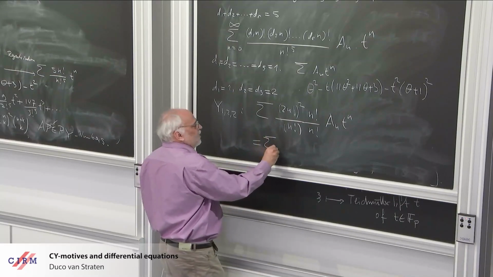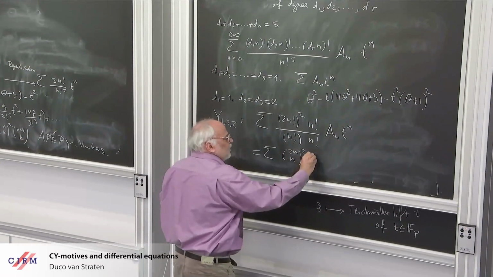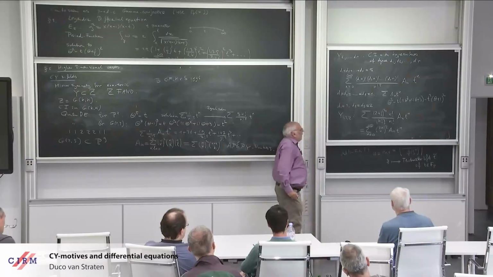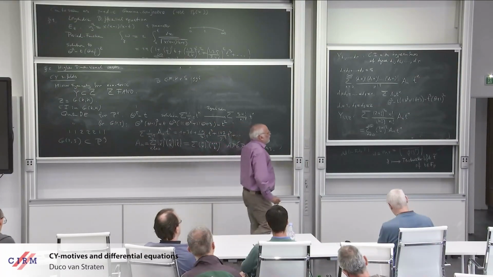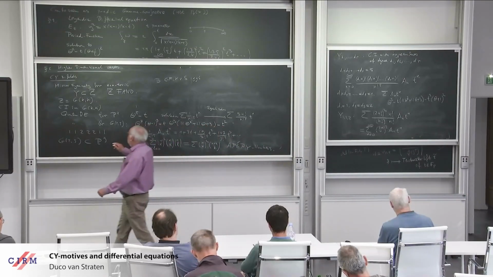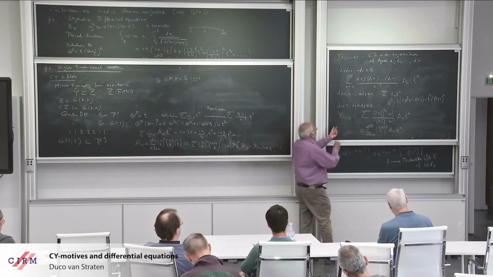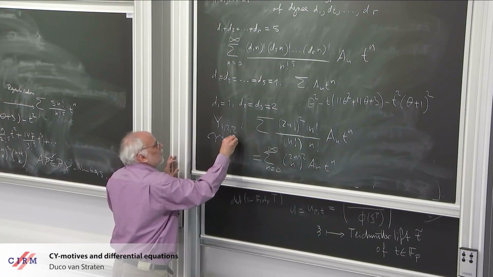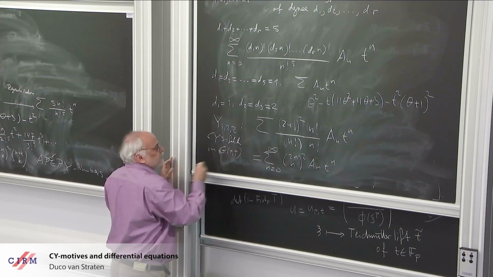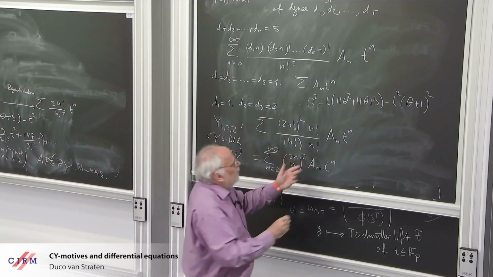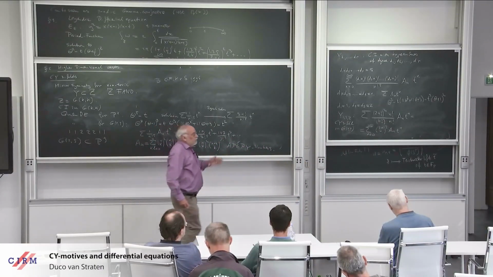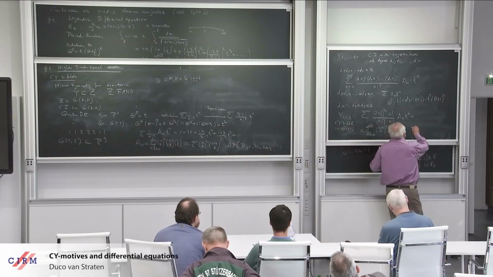So this is the period of a mirror for this Calabi-Yau 3-fold in the Grassmannian, and you have this differential equation.